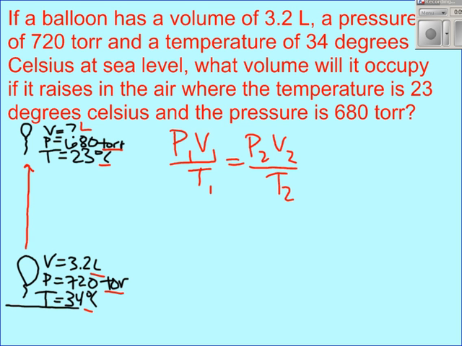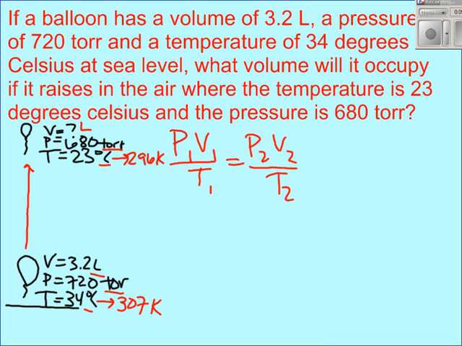So let's look at my original temperature. 34 degrees Celsius is the same thing as 307 Kelvin. 23 degrees Celsius is the same thing as 296 Kelvin. Now that I've got my units converted, now I can plug in the information.